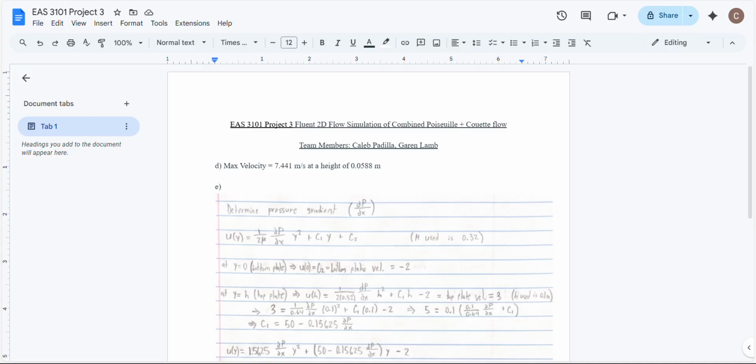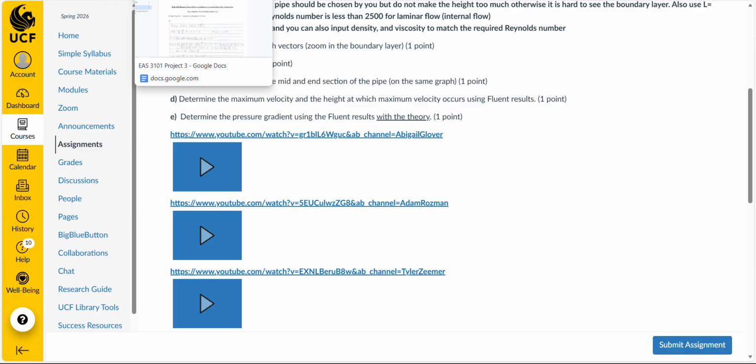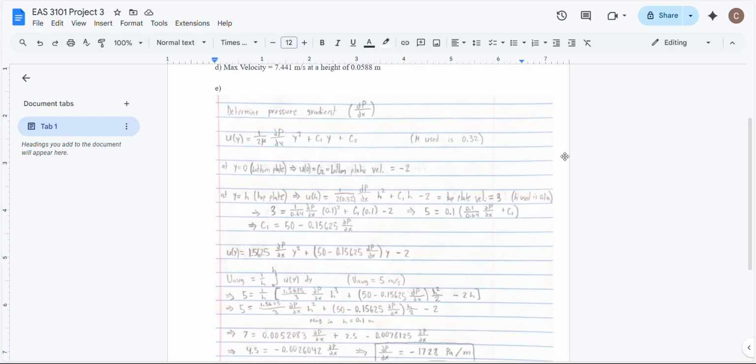Going back to the project description, it asks us to determine the pressure gradient using the Fluent results with the theory. Here on the report, I have all my work, so we can run through it. It's asking to determine the pressure gradient, which is dP/dx. In a previous lecture, we determined that the velocity profile for a combined Poiseuille and Couette flow is equal to 1 over 2 mu, which is viscosity, times dP/dx y squared plus first constant y plus second constant.